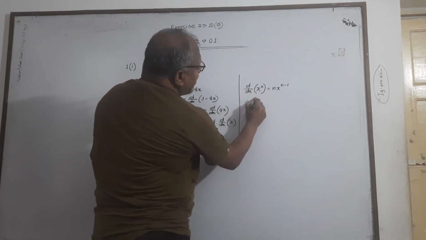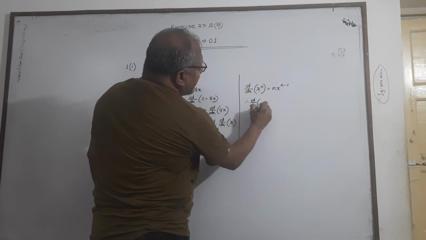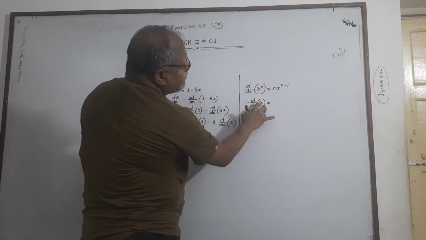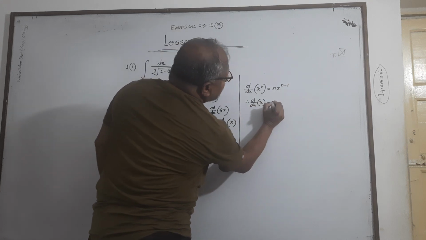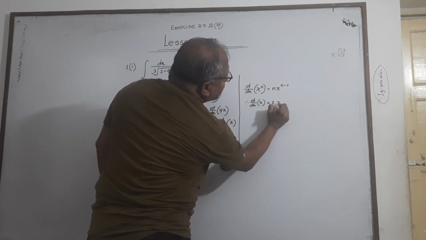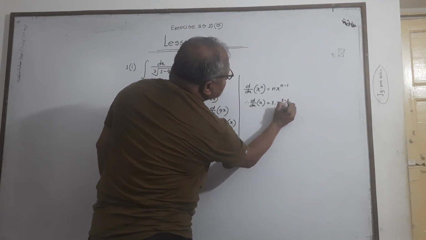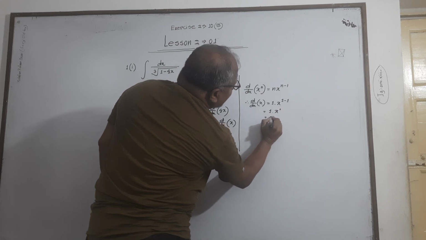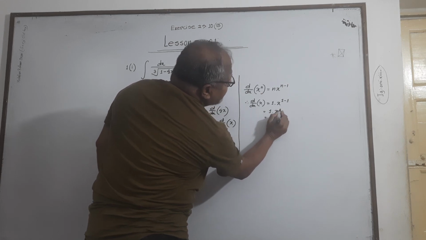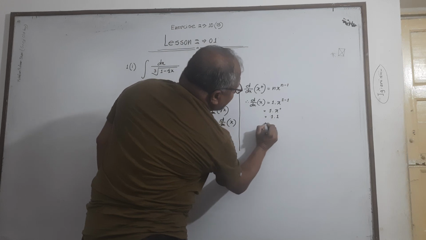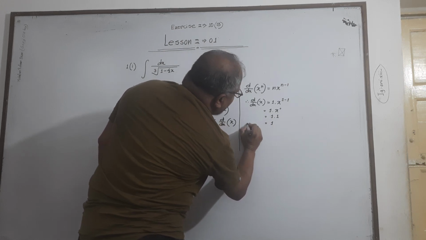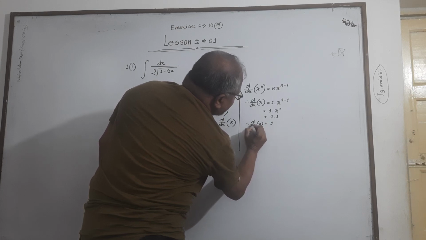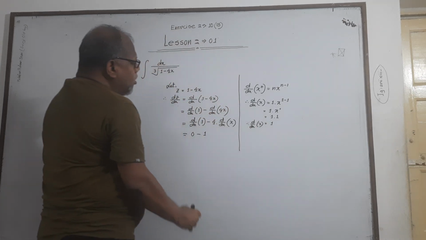For example, d/dx of x: the value of n is 1 because the power of x is 1, so it is 1 into x to the power 1 minus 1, that is 1 into x to the power 0. Anything to the power 0 is equal to 1. So d/dx of x is equal to 1.